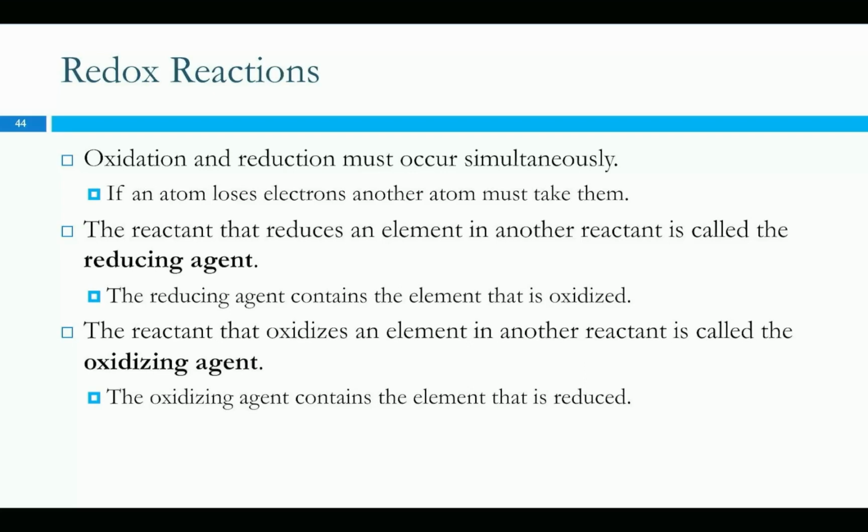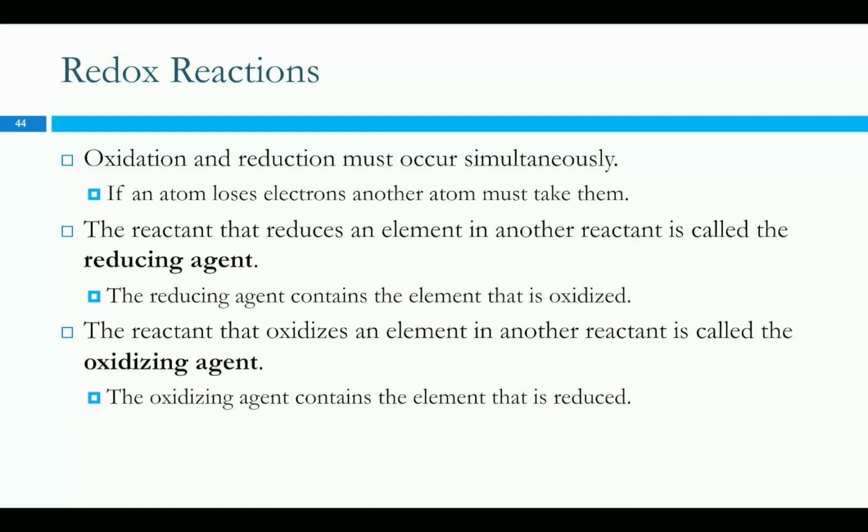The reactant that reduces an element in another reactant is called the reducing agent. The reducing agent contains the element that is oxidized. And then it's the opposite for the oxidizing agent. It's really confusing because the thing that's being oxidized, I gotta make sure I'm gonna say this right.